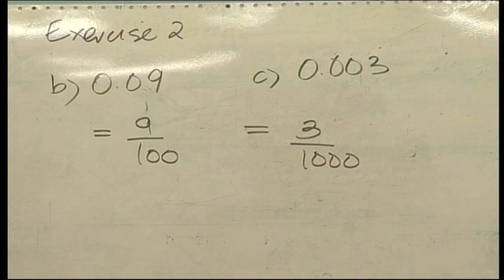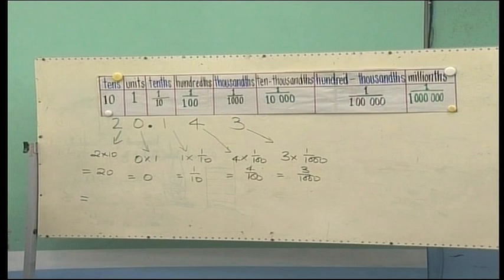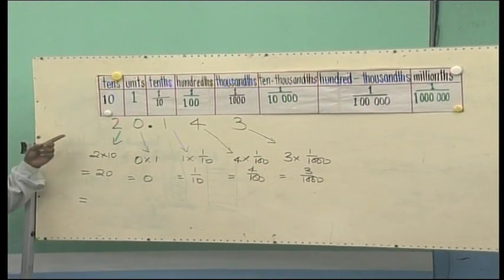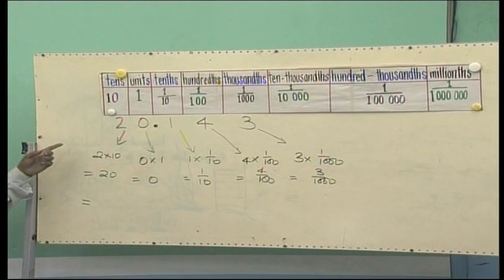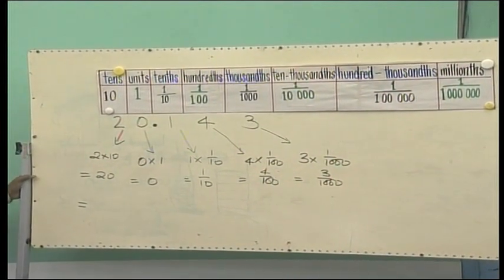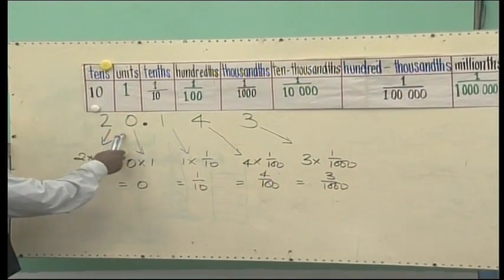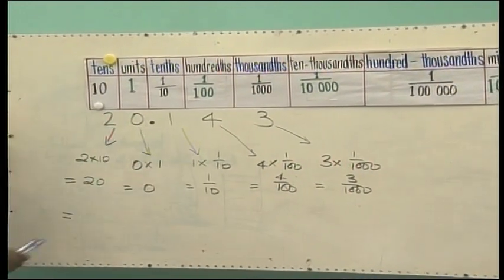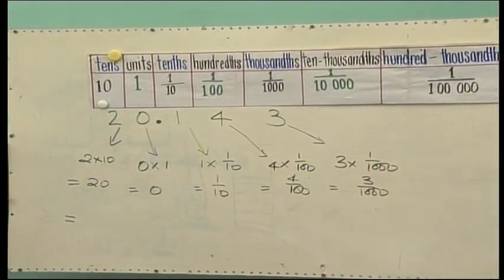Okay, now, Grade 7 students, let's look at what I explained earlier on using the place value chart. When we looked at a number on this whiteboard here, we found out the values of each of the digits on the place value chart.